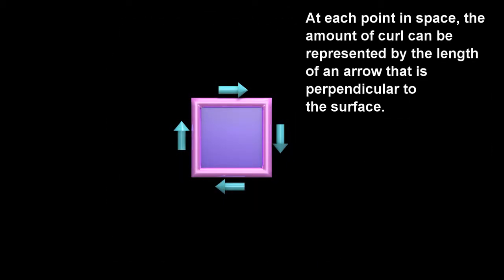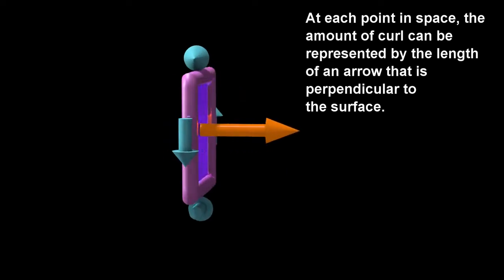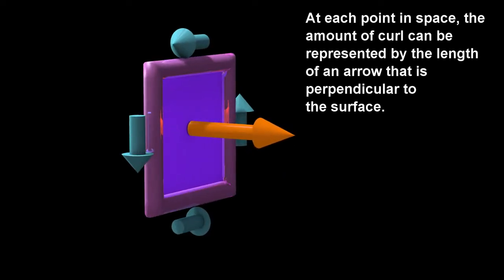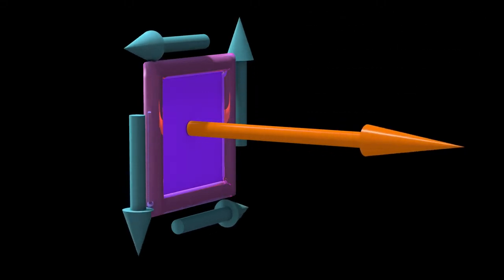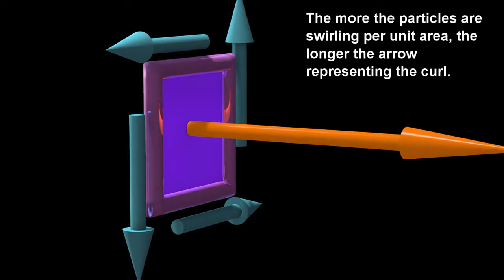At each point in space, the amount of curl can be represented by the length of an arrow that is perpendicular to the surface. The more the particles are swirling per unit area, the longer the arrow representing the curl.